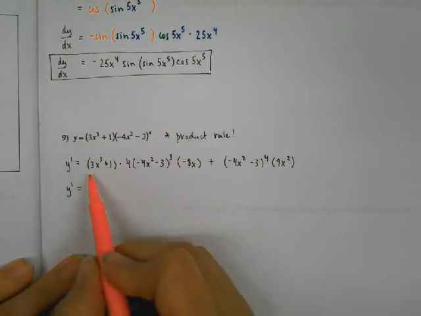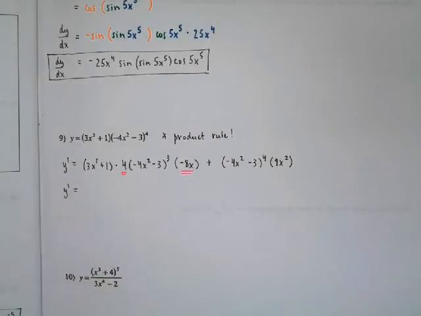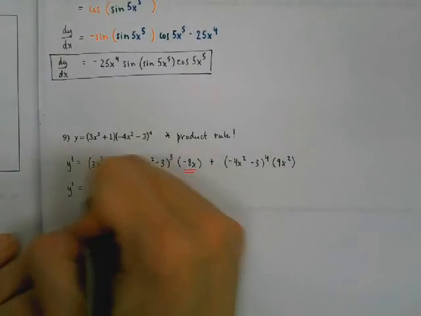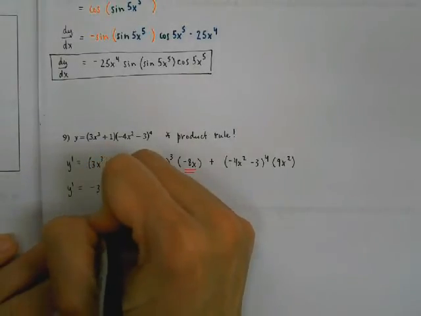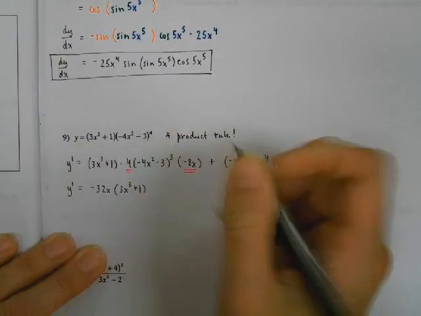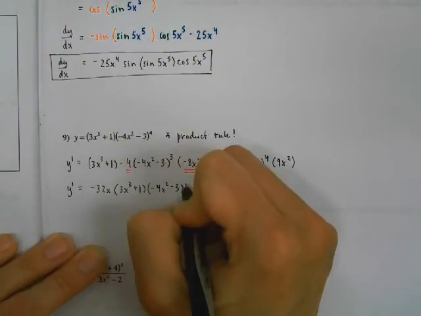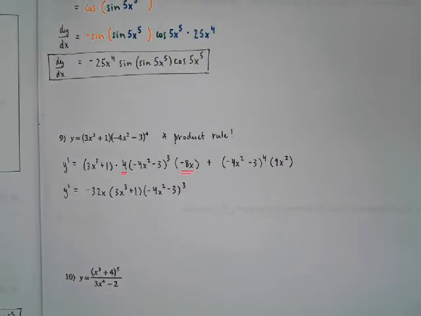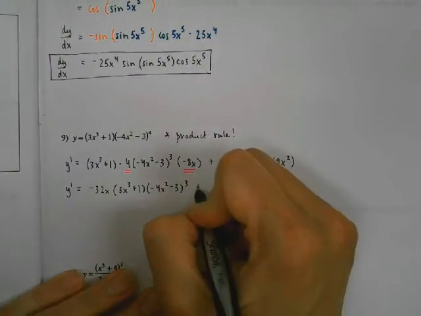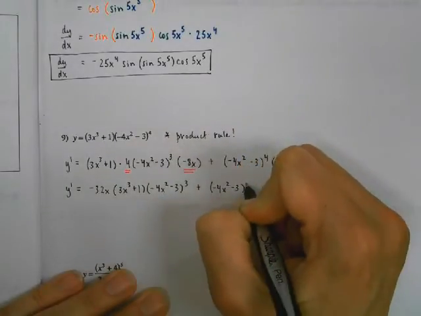The only thing I'm going to do in my first term here is probably multiply my 4 and my negative 8x. So I have a negative 32x times 3x cubed plus 1 times negative 4x squared minus 3 cubed. And then my second term, I'm just going to leave as is.